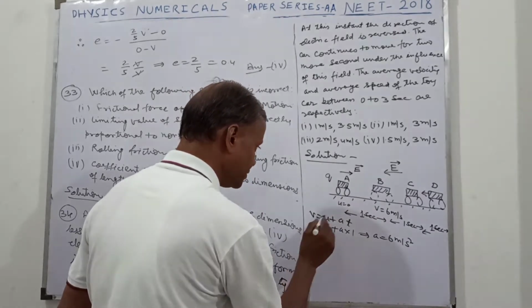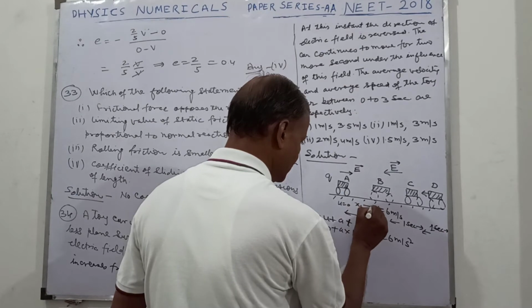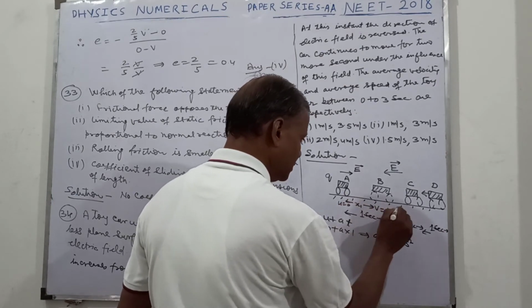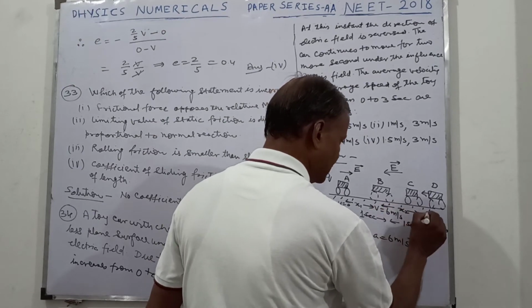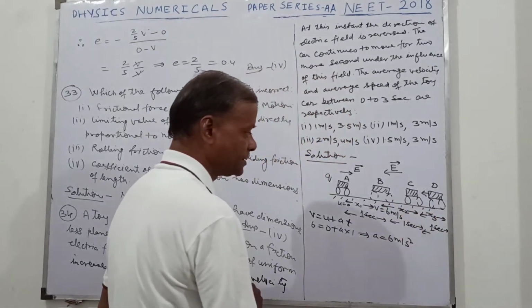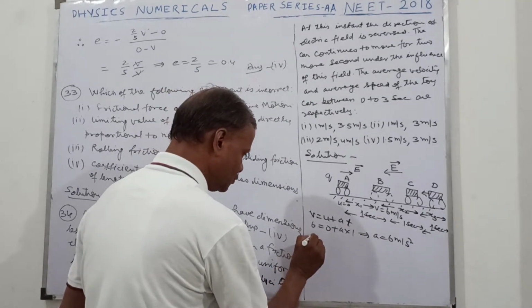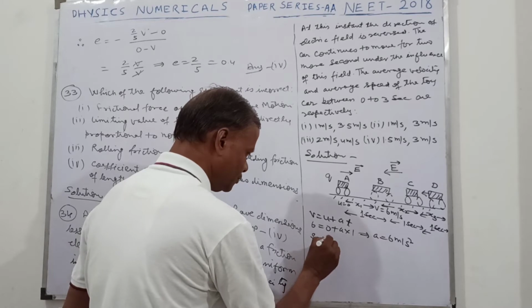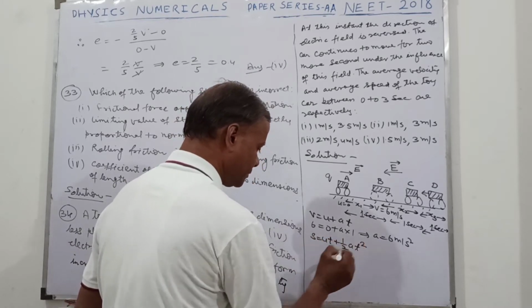Suppose the distances are x1, x2 and x3. For x1, s equals ut plus half at square.